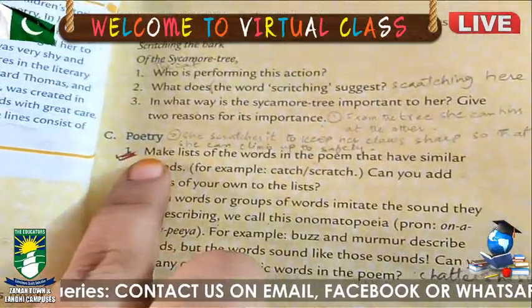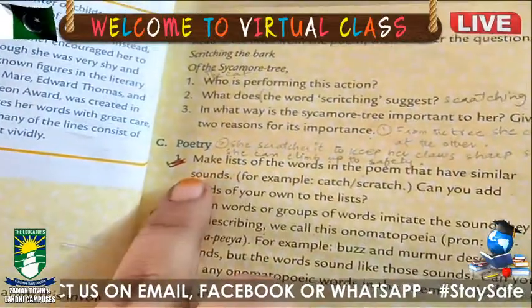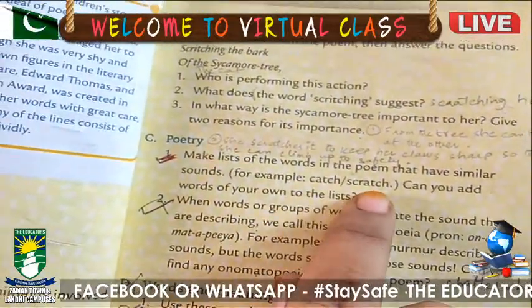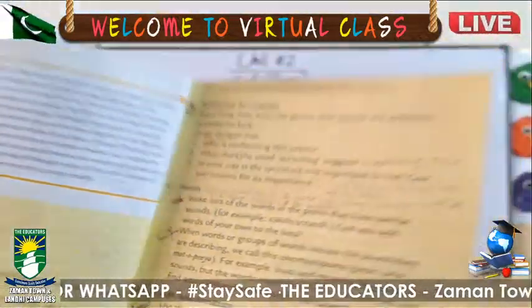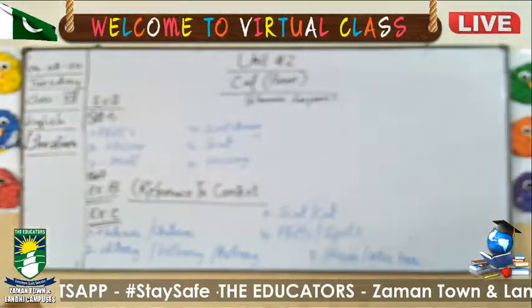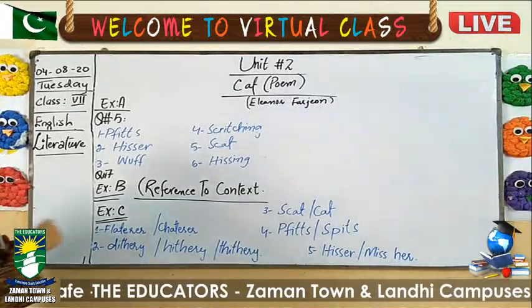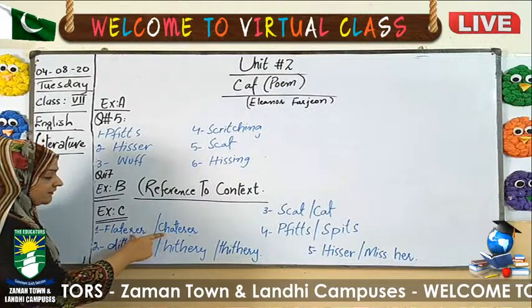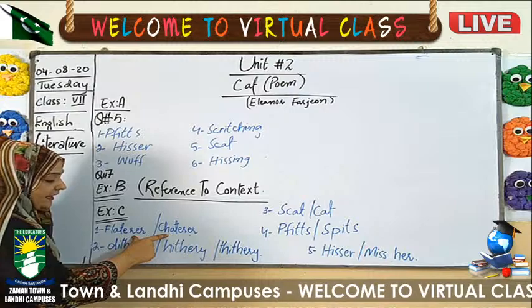What is the question? Make the list of the words in the poem that have similar sounds. For example, catch, scratch. So in the poem we have various words, as I have mentioned on the board as well. The first word what? Flatterer, chatterer. Means they have the same sound. They are making a rhyme.